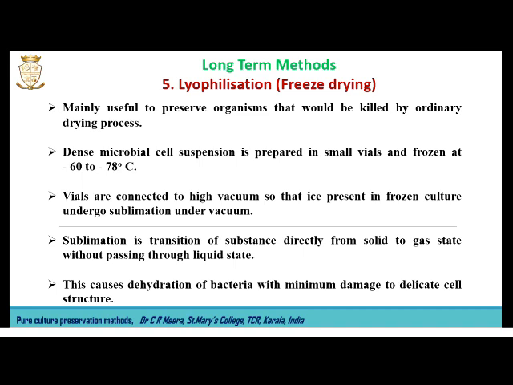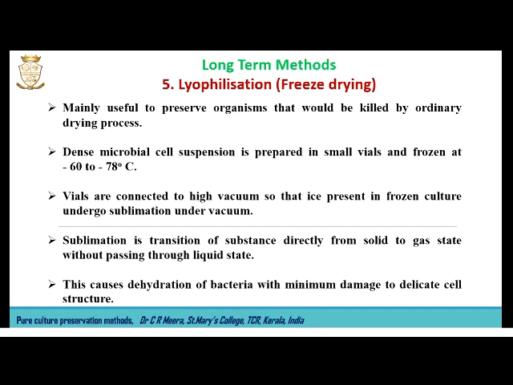In this method, thick suspension of microbial cultures are prepared in small vials and then frozen to minus 60 to minus 78 degree Celsius. Then these vials are connected to the high vacuum of the lyophilizer so that the ice present in frozen culture will undergo sublimation.